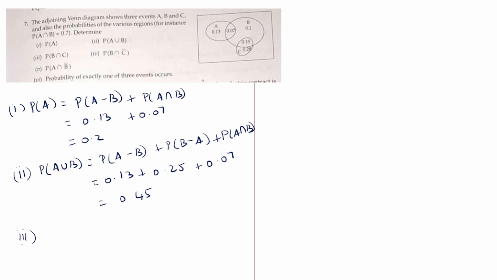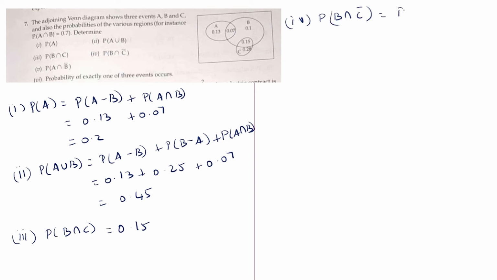Then the third subdivision, probability of B intersection C. This we can get directly from the diagram, it is 0.15. Then the fourth subdivision, probability of B intersection C bar.